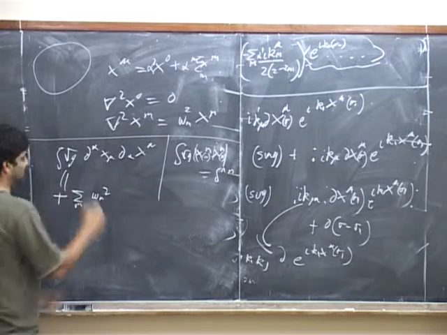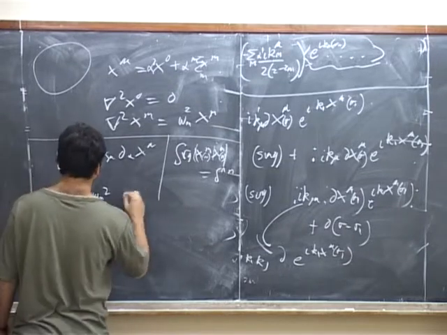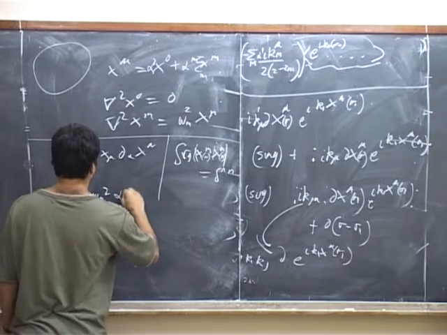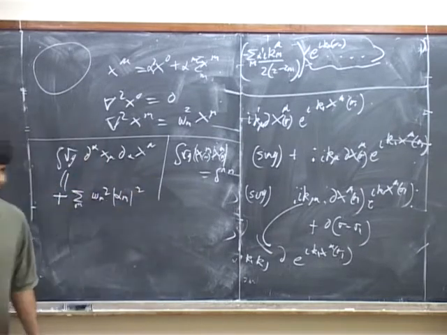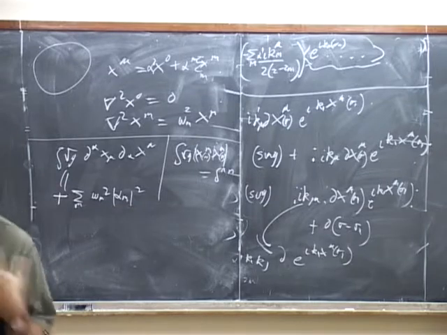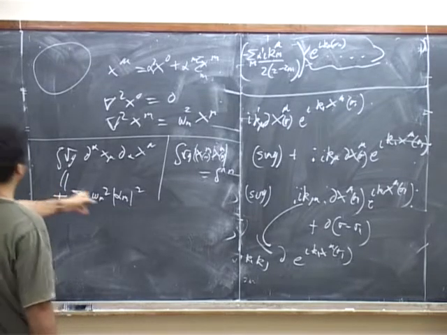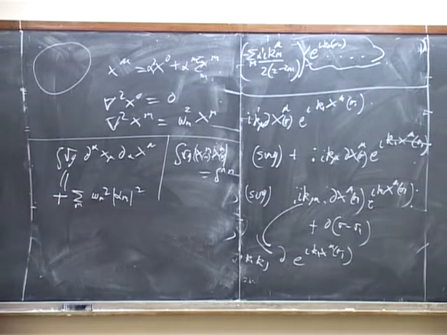Okay, now it becomes actually plus, because omega m squared is minus, plus omega m squared times alpha squared. So this action that you write down is written purely in terms of the non-zero modes, of course.